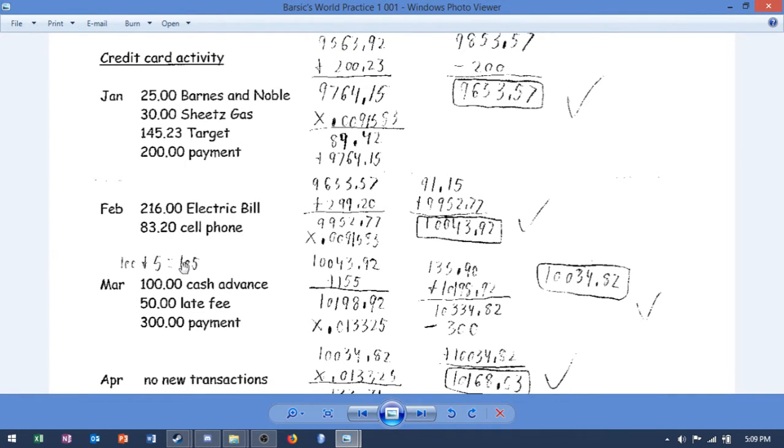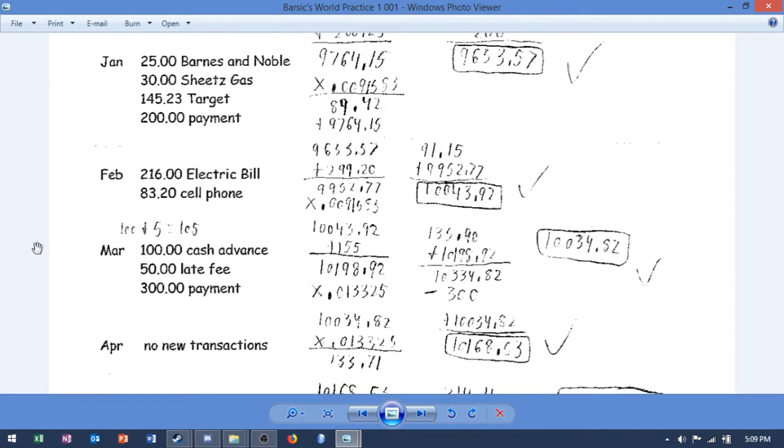So treat it like interest, essentially, like these MPRs over here. So you take the balance times the MPR, you get whatever the interest is, and you just keep going. Just treat it like interest, essentially, and also treat it like a purchase.